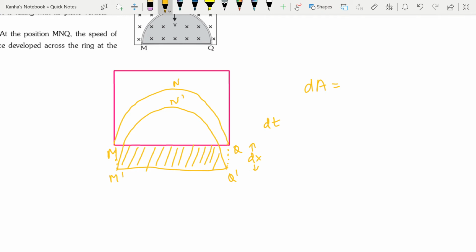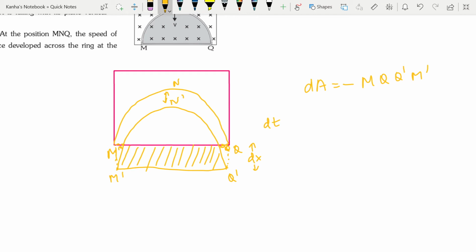So my dA is nothing but negative of m q q prime m prime. So we have to subtract this area. Note that these points are extremely close, so I'm just calling this point O and this point M, because it has been drawn by an infinitesimal length.